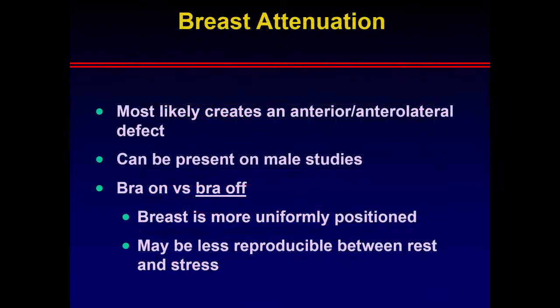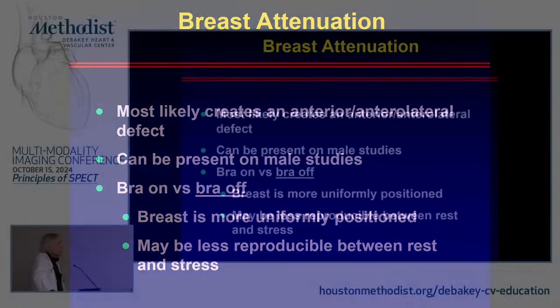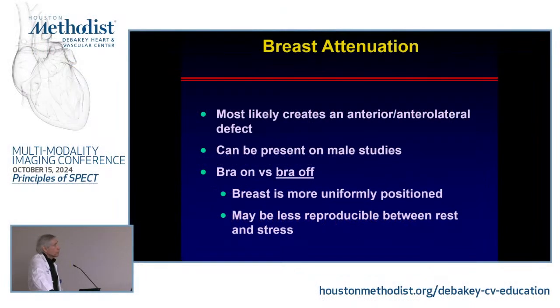Another type of attenuation that we commonly see in nuclear imaging is breast attenuation. Obviously, this is because of soft tissue from the breasts. And usually it involves the anterior and anterolateral walls, but depending on the size of the breasts, it can affect any part of the heart.